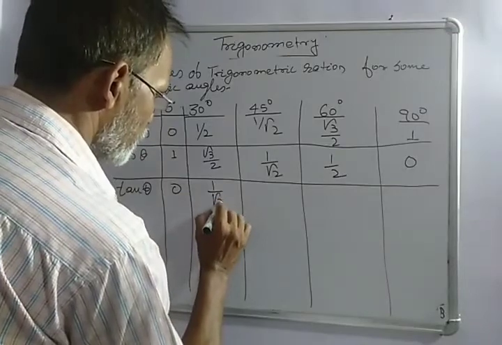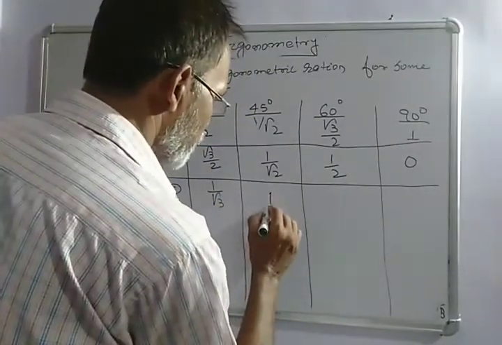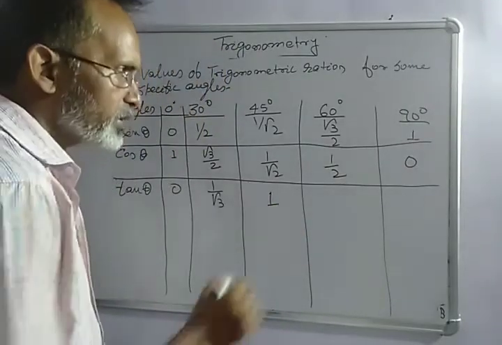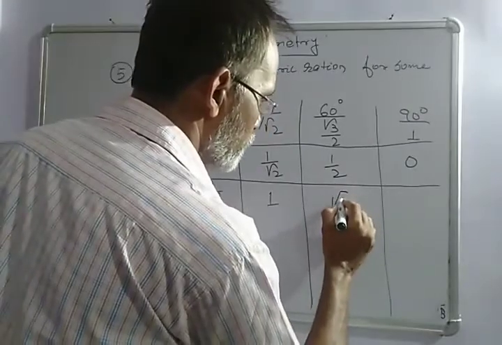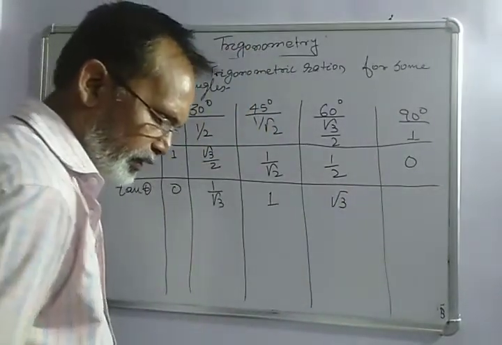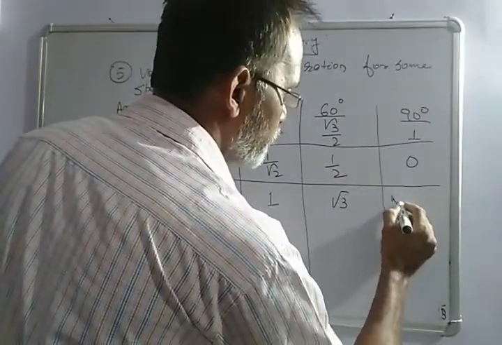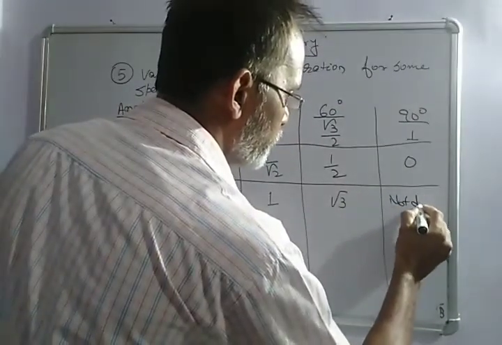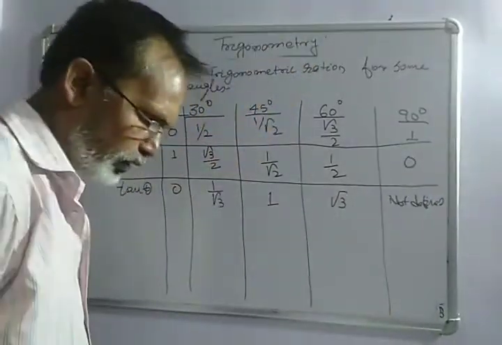Tan 45 is equal to 1. Then tan 60 is equal to root 3, and then tan 90 is not defined.